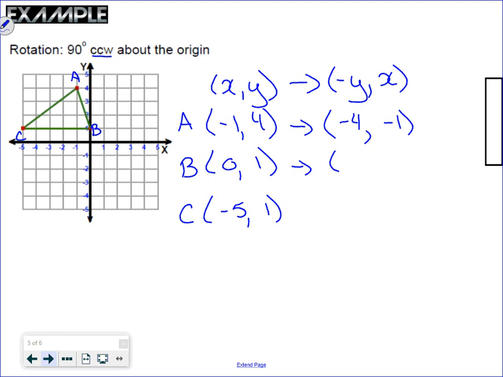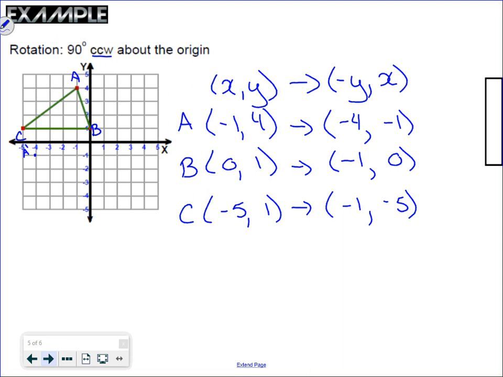For the second one, the y value started at 1. We're going to switch the sign to negative 1. And then we're going to plot our x value. And for C, our y was at negative 1. We'll switch the sign. And then our x will come second. So now if we plot each of these points, we will get negative 4, negative 1 for A prime.